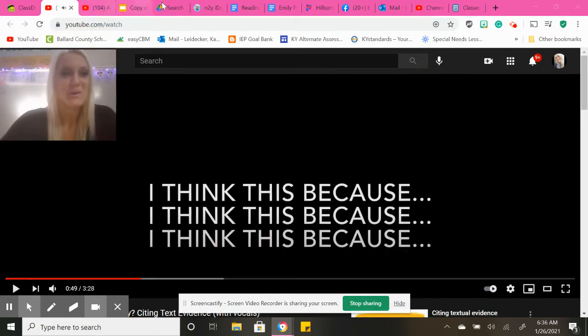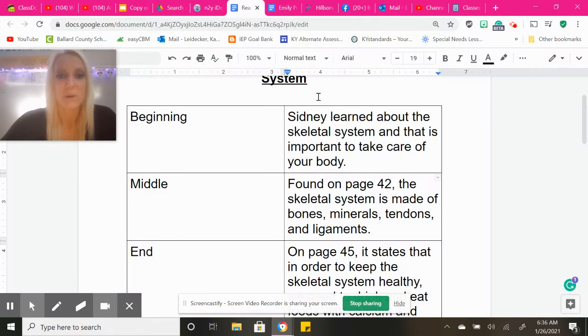Okay, so that is why I have put our evidence here. So I know where you found the answer in chapter 5. So for example, here I have in the middle, found on page 42. So I know, hey, Miss Lydecker, I found that the skeletal system is made of bones, minerals, tendons, and ligaments.